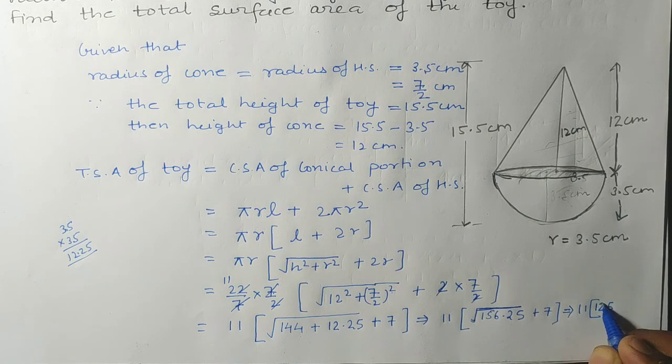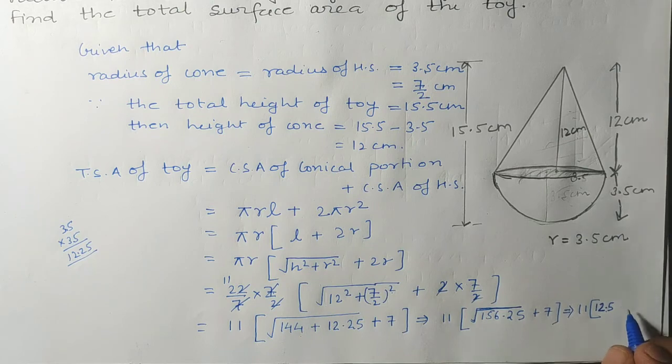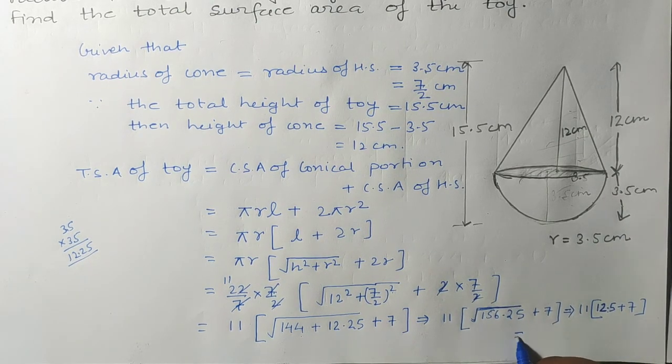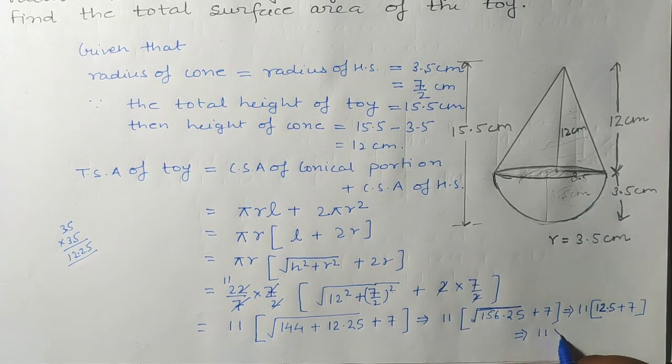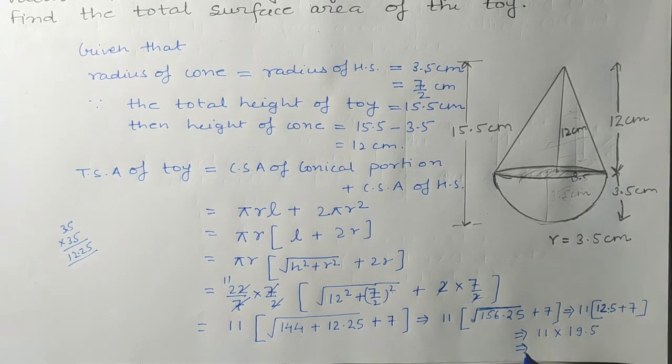Basically the square of 12.5 is 156.25. So it will be 11 into 12.5 plus 7, that is 19.5.